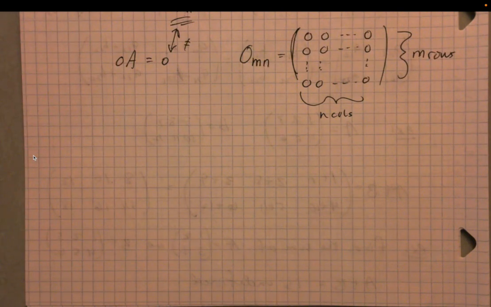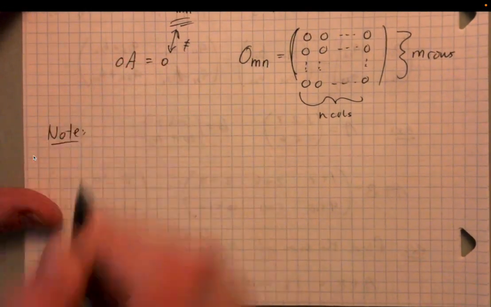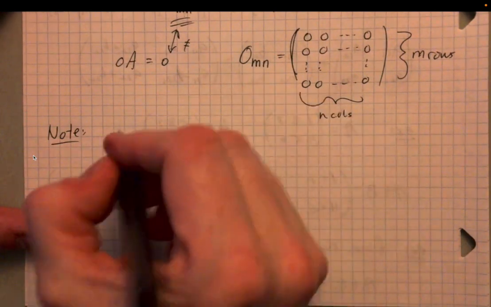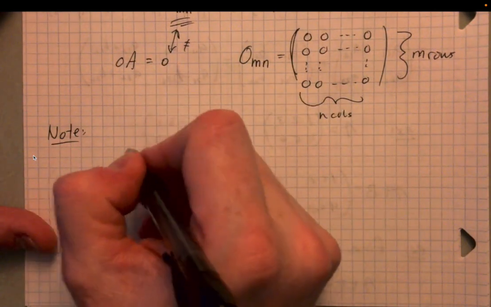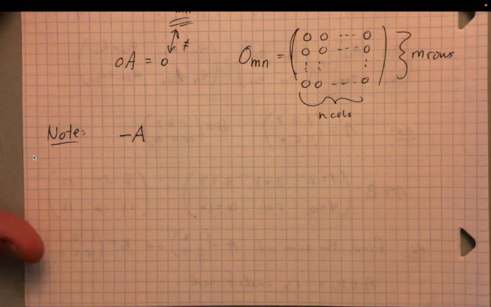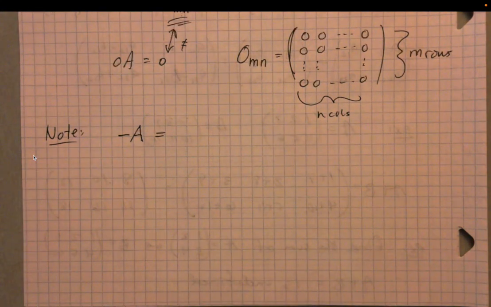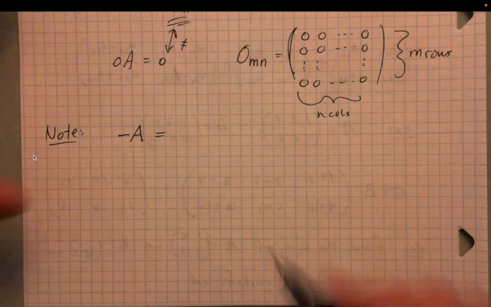Okay, now notice that this is true too. So if we have a matrix, what do we mean by the matrix negative A? Well, just like when we have negative x in algebra, we know that that means negative 1 times x, and that's the case here.